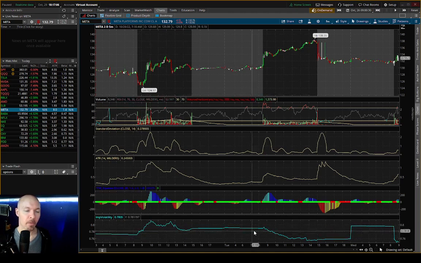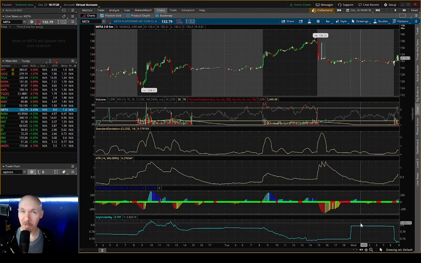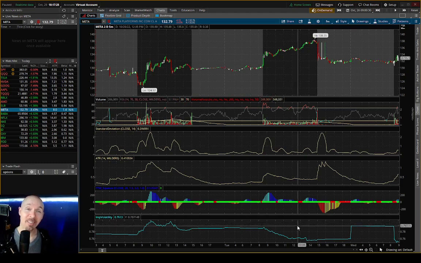And overall the implied volatility is on the rise, and that is because of that binary event of the ER. The higher it goes, the higher the premiums, and the more likely a miscalculation can result in you losing money, even if you're right, which sucks when that happens, but it is a possibility.